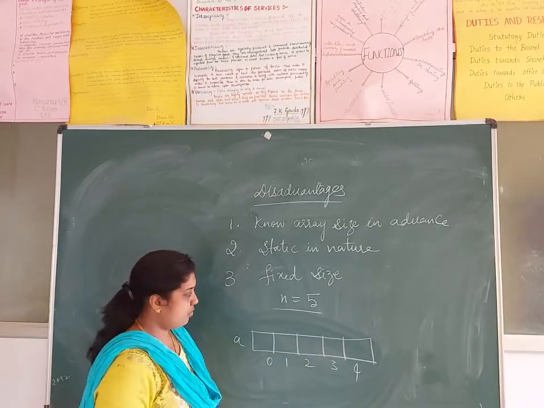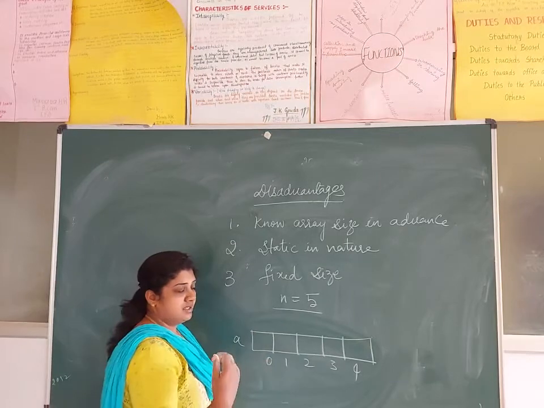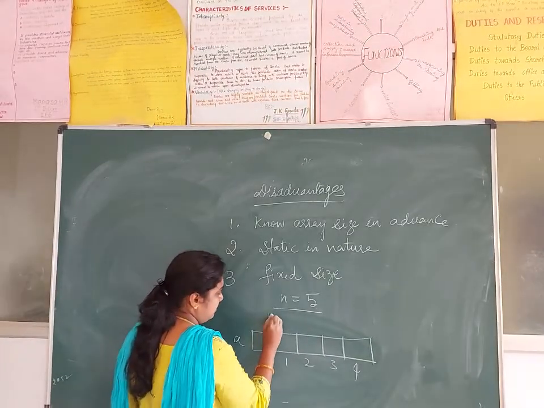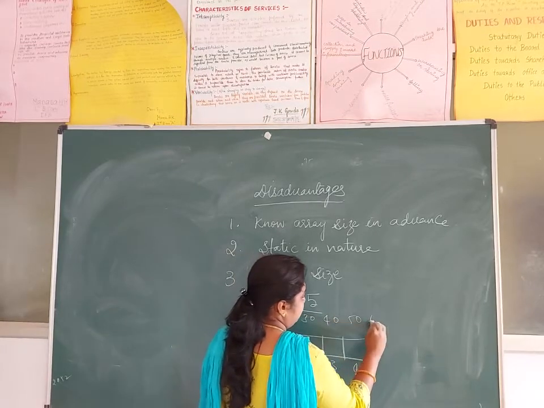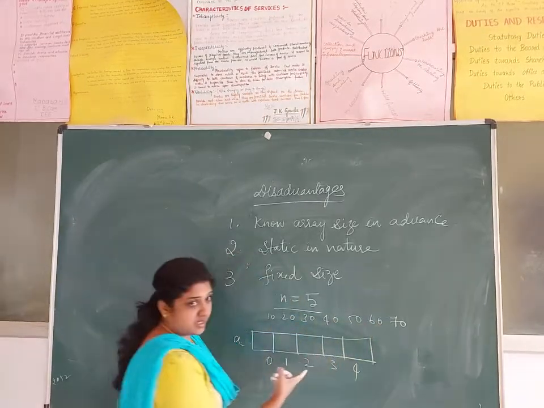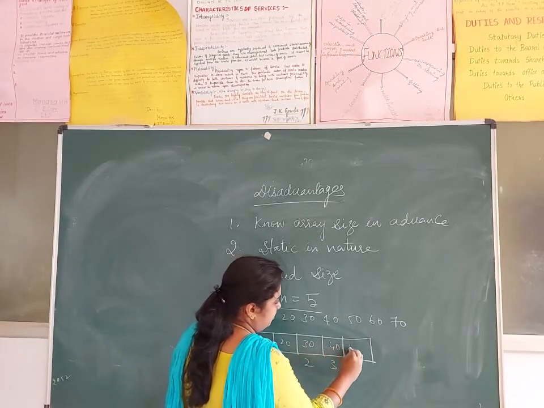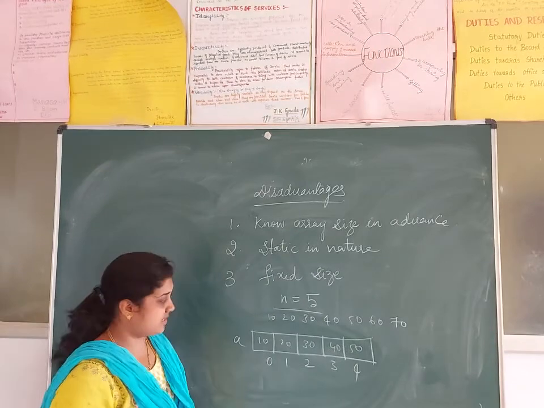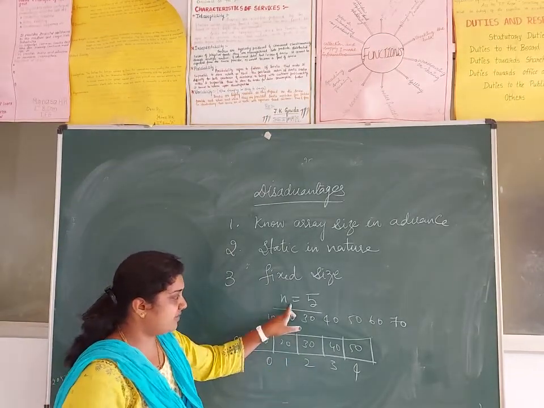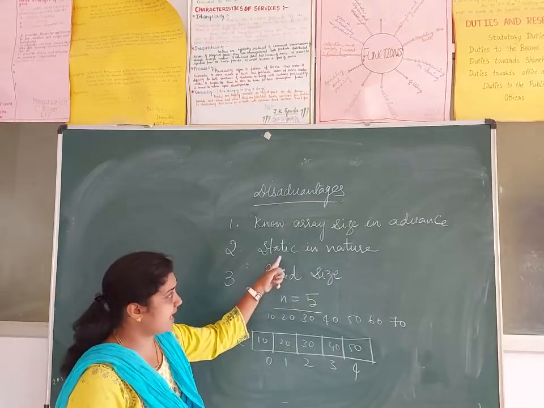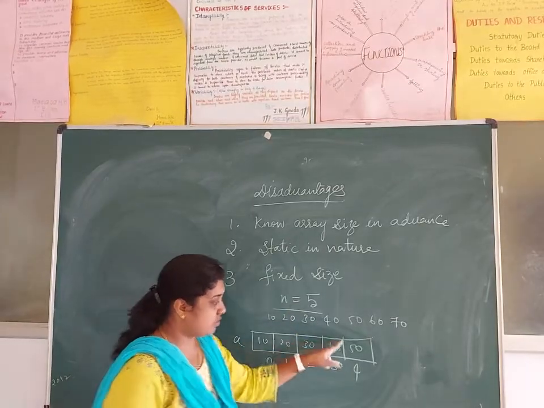Suppose I want to store 7 elements, that is 10, 20, 30, 40, 50, 60, 70. 10, 20, 30, 40, 50 fit, but the remaining two elements I cannot add. I cannot increase my memory. Why? Because I have already taken the size equal to 5 and it is static in nature, it cannot be changed. I can insert only 5 elements.